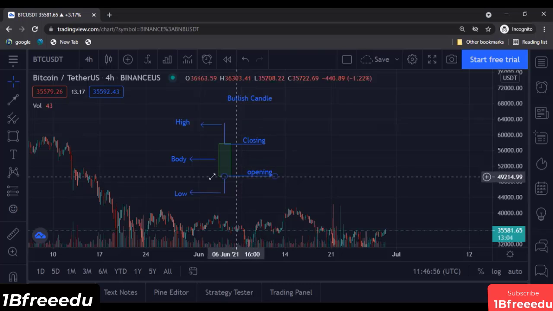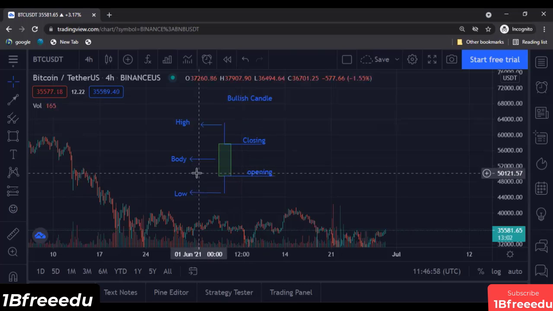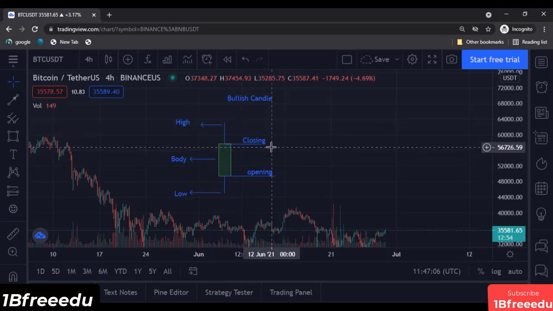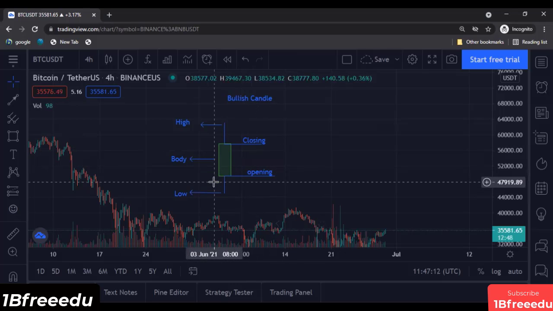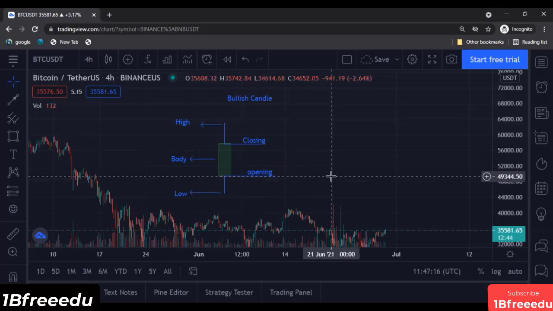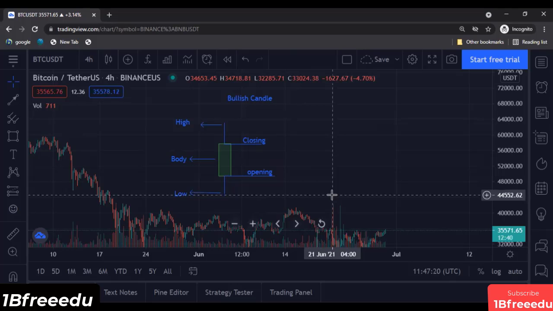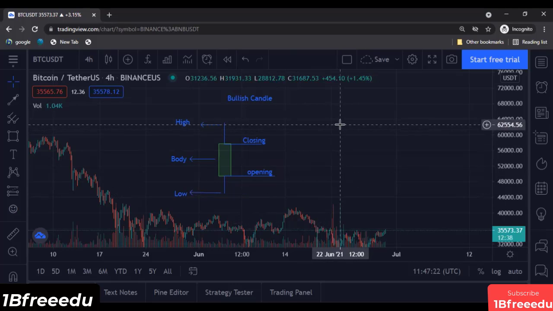As the 4 hours complete, for example from 12 p.m. till 4 p.m., as soon as 4 p.m. gets hit, the old candle is closed and a new candle is started. For example, if the candle started from here, it went to the lowest point here and at maximum went here.